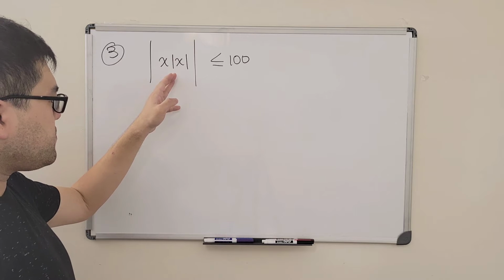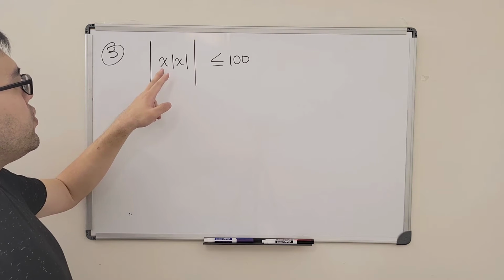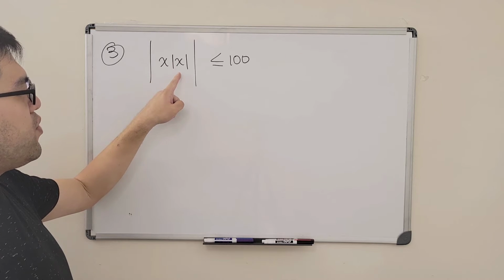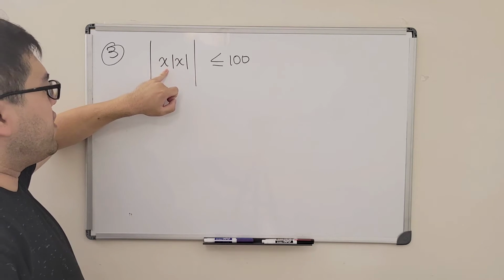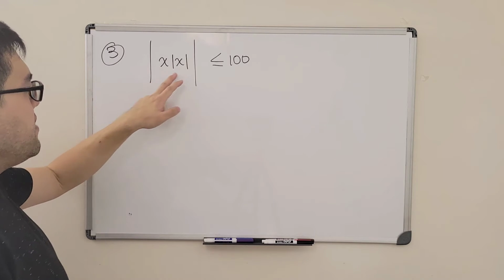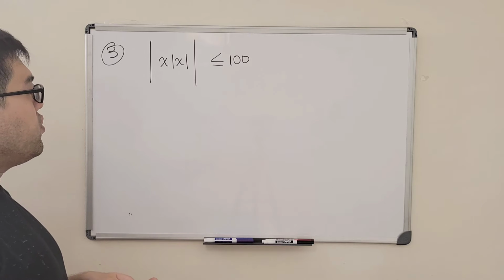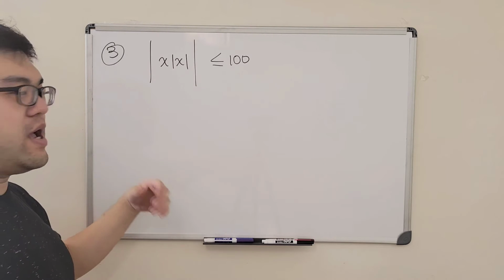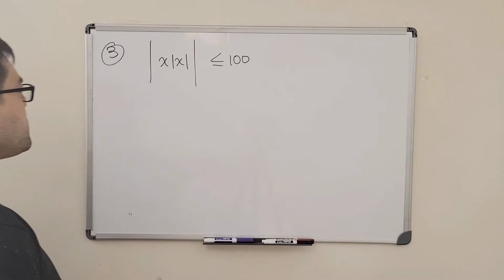However, in the last example, we had some constant multiplying the absolute value, but this time we have a variable multiplied with the absolute value of some variable. So let's see what has changed and how we are going to solve this kind of problem now.